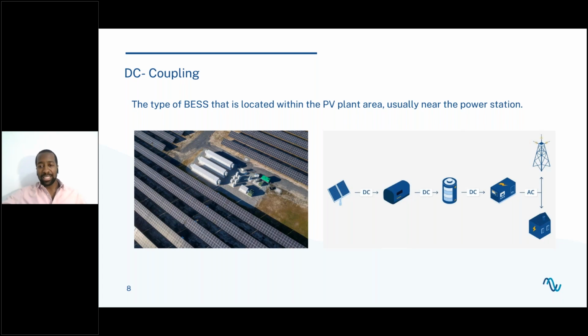That excess of power is going to be used to charge our batteries through a DC-DC converter, which has different functions, but one of its functions is to adjust the voltage and to ensure the charging for our DC coupled BESS system here.